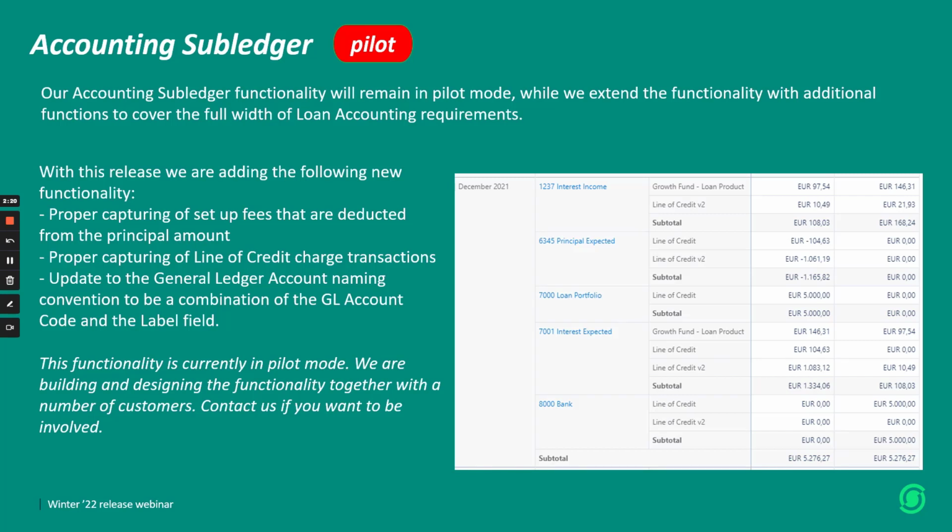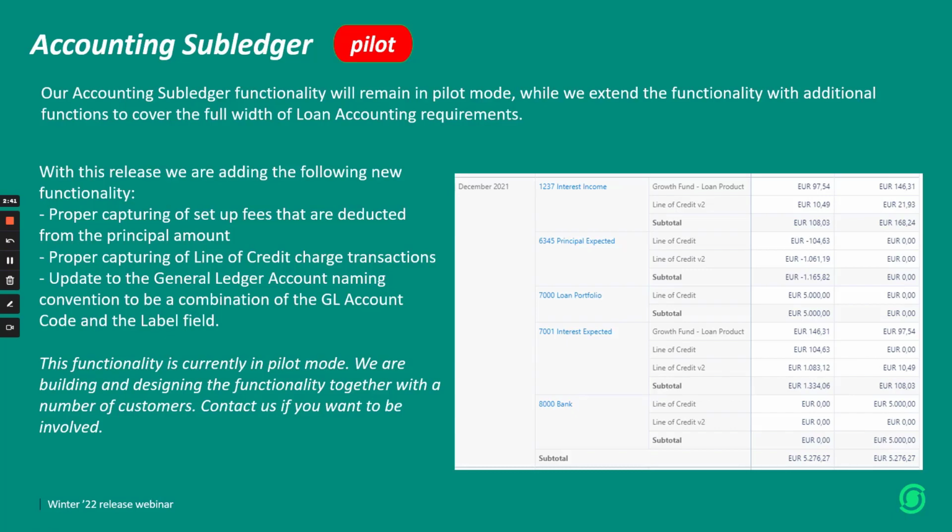General ledger account names now are a combination of the code and the description. This makes it really easy to see the right mapping of your general ledger accounts. If you're interested in building and designing this together with us, please get in touch with your Singlify representative.